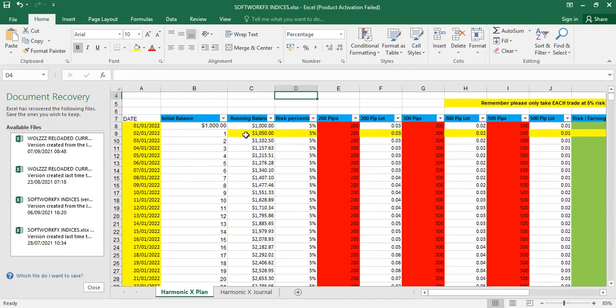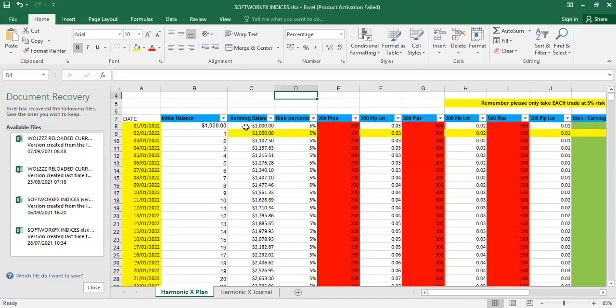Then we have a running balance. Your initial balance will automatically come to this column of running balance. Then we have risk percentage. What do we mean by risk percentage? It's simply the amount of risk that will be involved whenever you are taking a trade. For instance, your stop loss shouldn't cost you more than 5% of your total account.